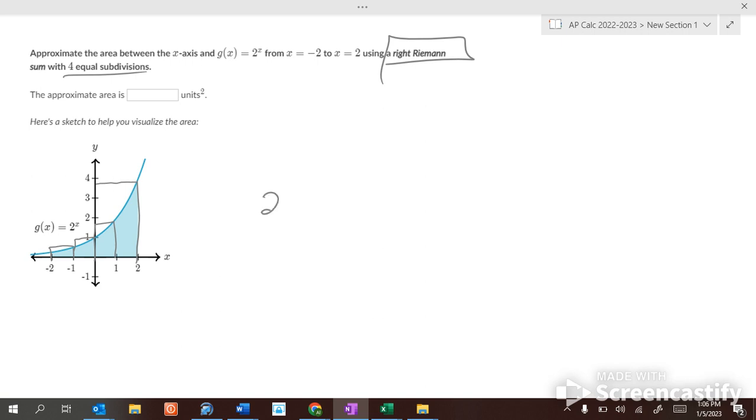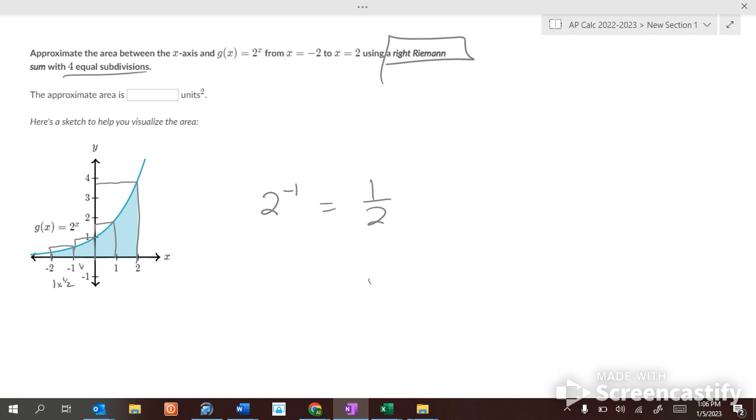What's 2 to the -1 power? That is 1/2. Anything to the negative power goes to the bottom, remember? Okay, so that's 1/2. So the height of this one is 1/2, so this is 1 times 1/2. Okay, what's 2 to the 0 power? 1.